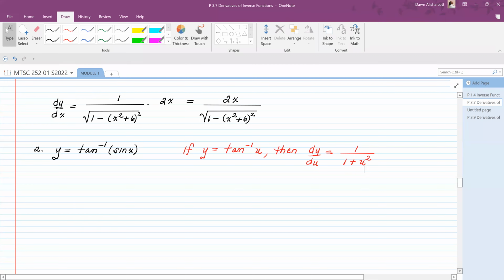Okay, anybody have an idea of how to attack that problem? So would u equal sine x? Okay, so u is going to equal sine x, and then du dx equals cosine x.